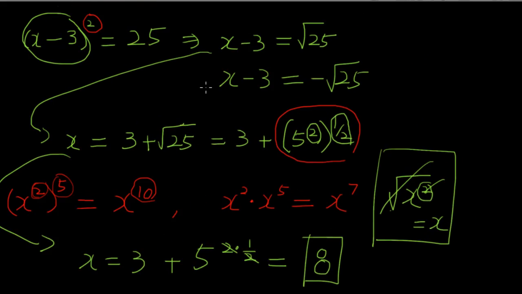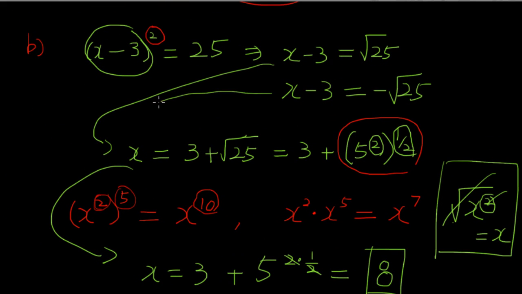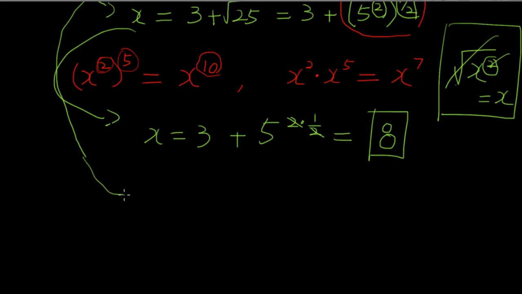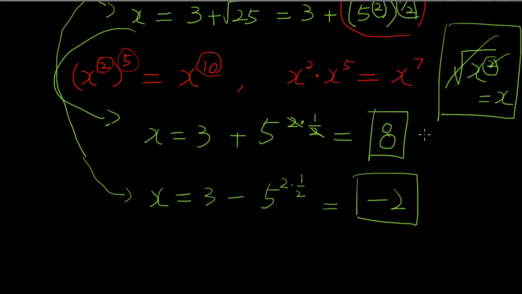Okay, let's do this one. So that's x equals 3 minus 5 squared to the 1/2. So this must be 3 minus 5, so minus 2. Another answer.